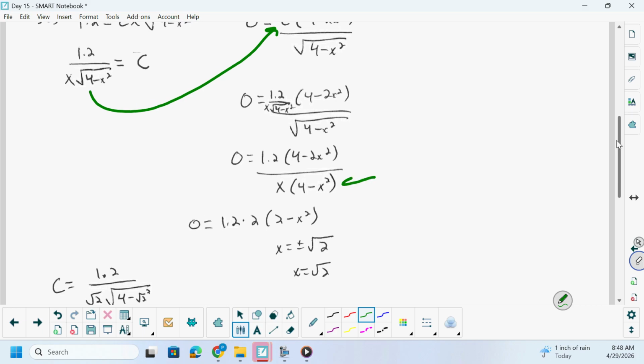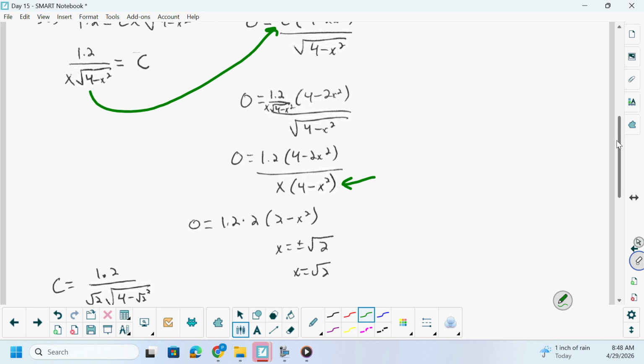So we now have this. We could pull a 2 out of the numerator and then set that numerator equal to 0, because a fraction is 0 when just the numerator equals 0. So now we've got a factor of 2 minus x squared. That'll give us plus and minus radical 2.